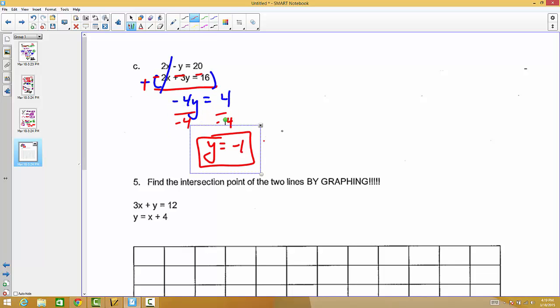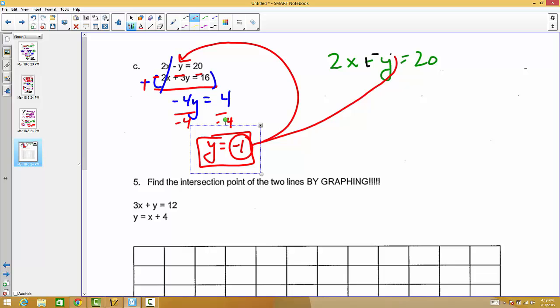You do need to plug that in. The top one looks easier, but it's very important. I'm going to write the whole problem out because of this minus. And I'm actually going to take the minus and slash and dash. So when you're plugging this negative 1 in, it's going right here. So let's go ahead and rewrite. So 2x plus negative, and that's where the negative 1 goes.